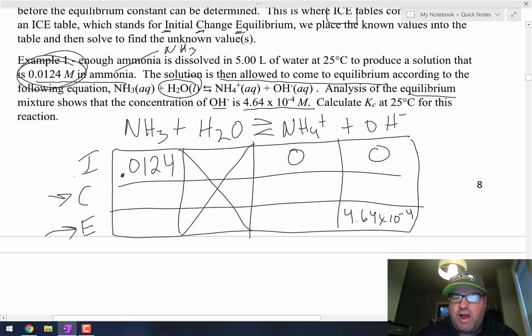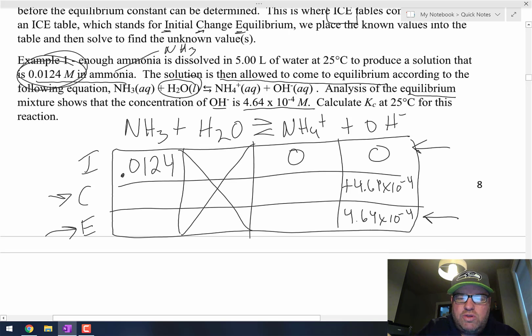The change part happens by looking at your initial and your equilibriums and filling in those spaces. If OH started at 0 and now is at 4.64 times 10 to the minus fourth, that means it had to have gone up by 4.64 times 10 to the minus fourth.